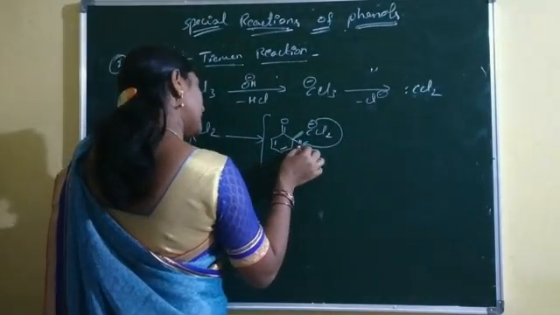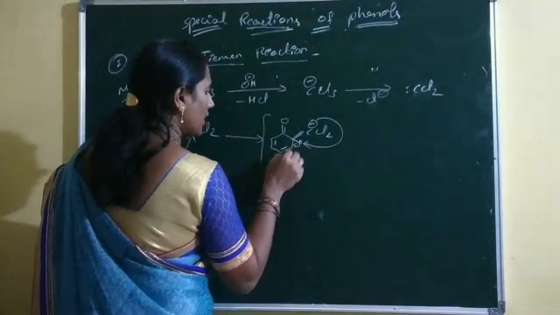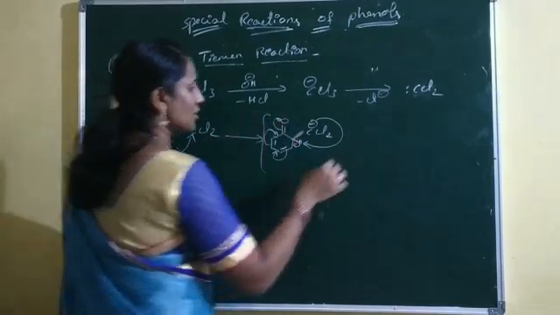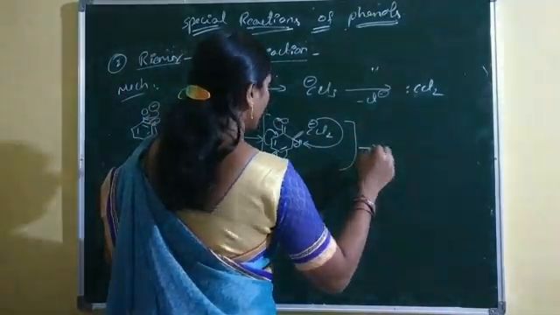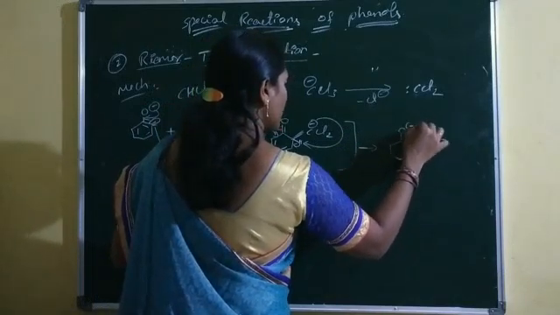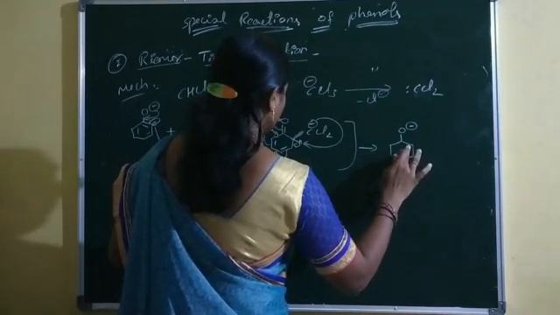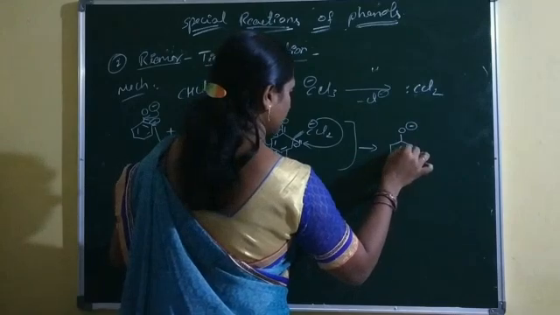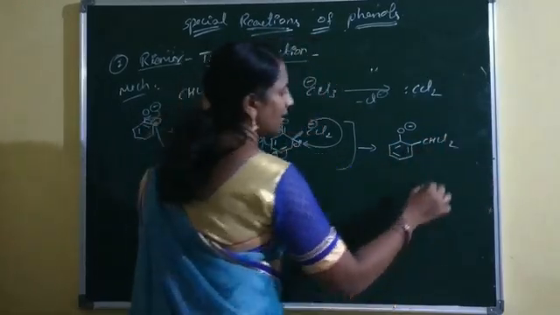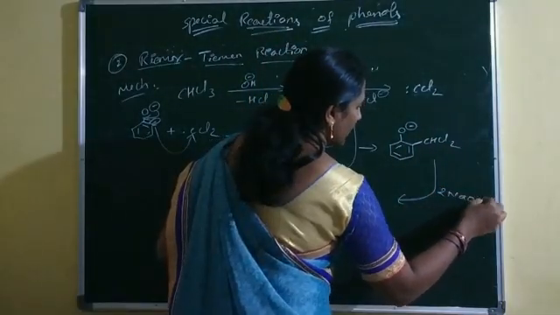After abstracting this ortho hydrogen, the C-H bond is involved in delocalization to form the oxenium intermediate, with CHCl2. And after that, this compound is treated with 2 moles of sodium hydroxide.